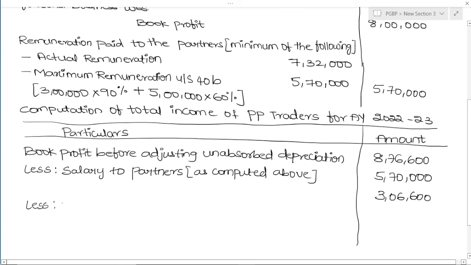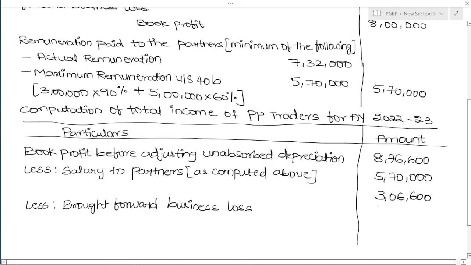Obviously brought forward business loss, because it is limited period deduction benefit allowed. So that's why let us deduct that. So less brought forward business loss. So the problem with this is we cannot deduct entire 8 lakhs loss. So at least whatever is our income, that much at least we will adjust, correct?